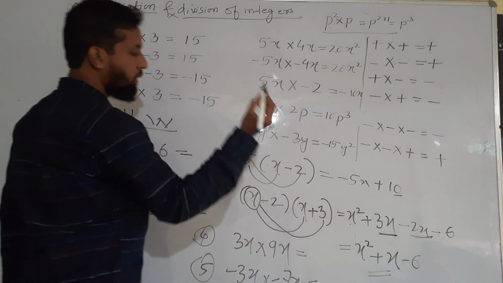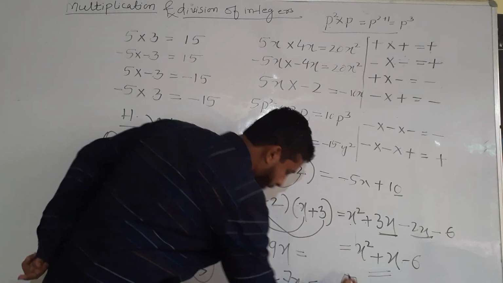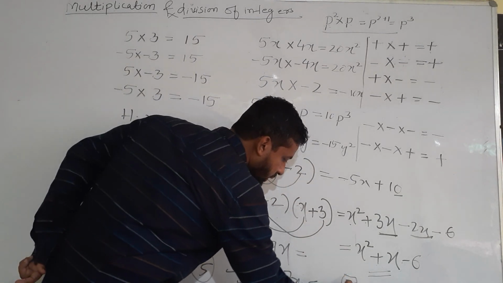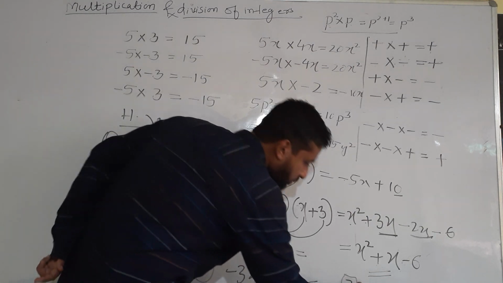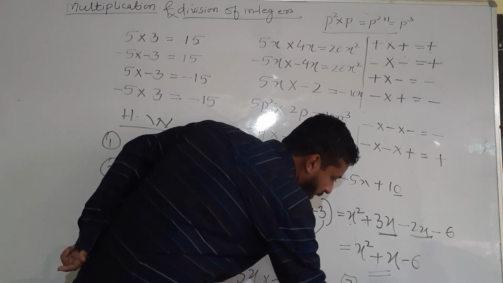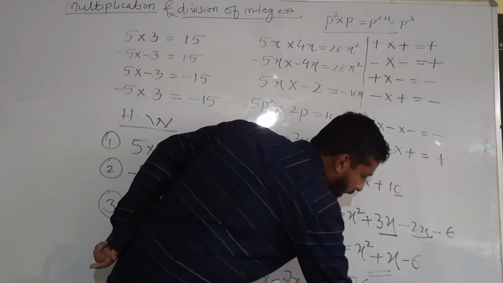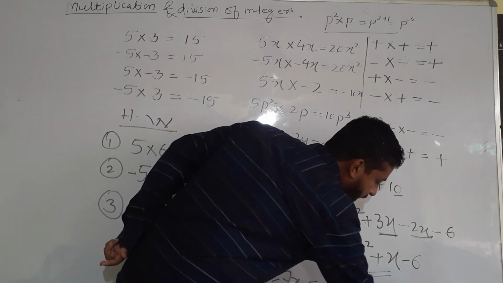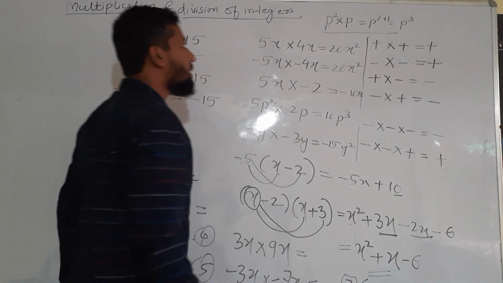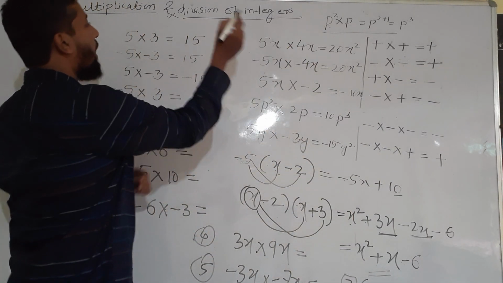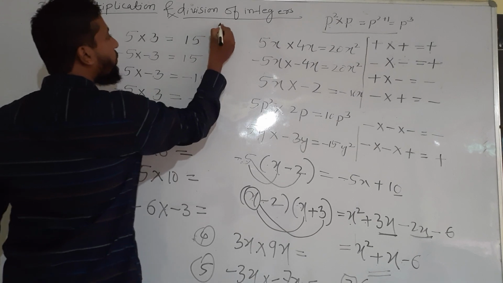And one more question, that is 7 x minus 5 into x plus 6 is equal to. This is the homework.